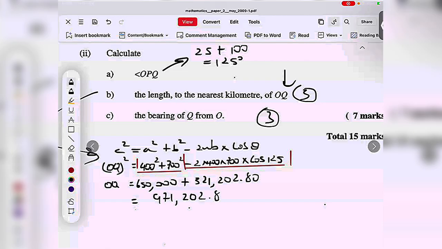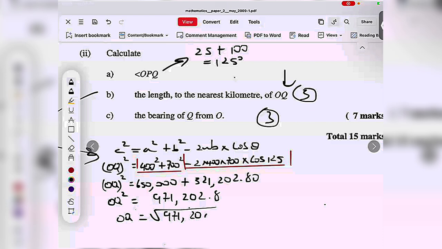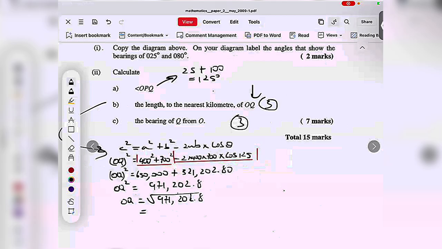So that's OQ squared. OQ then must be equal to the root of that number, 971,202.8.